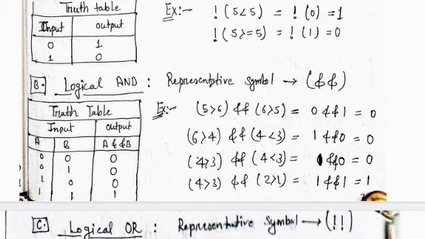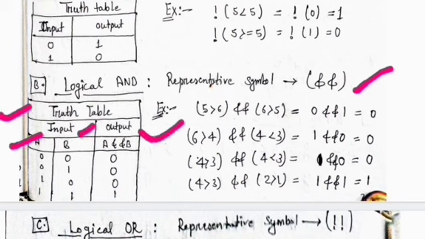Now come to the next, that is logical AND. Logical AND is represented by the double ampersand symbol. Now come to the truth table. Here the inputs are A and B, and the output is represented as A logical AND B. If both inputs A and B are 0 and 0, then it produces 0, meaning a false value.